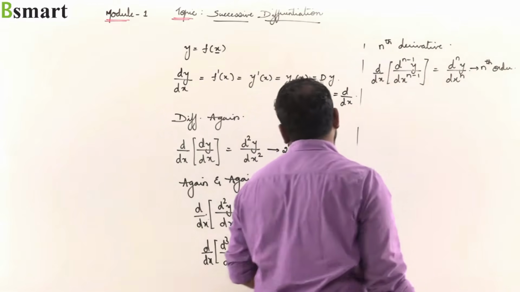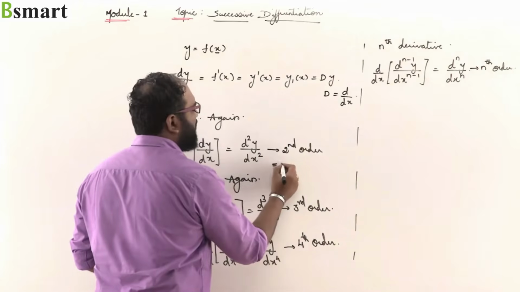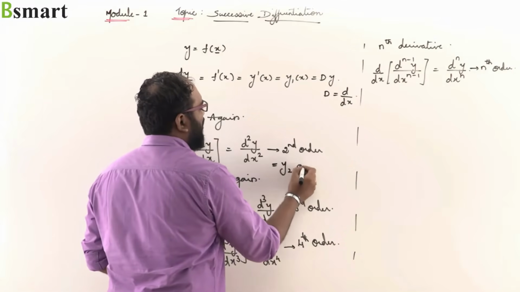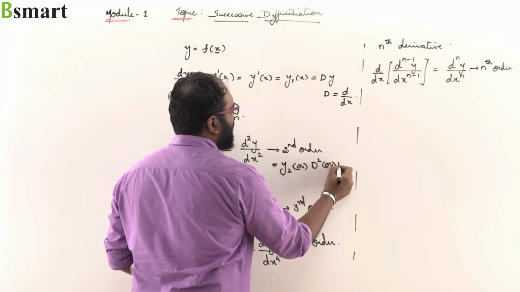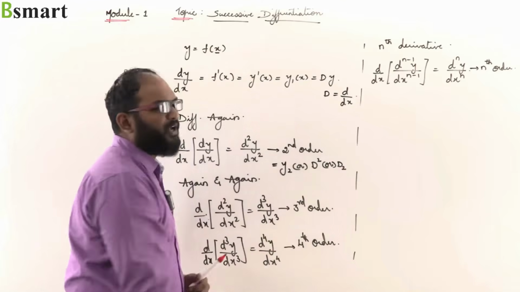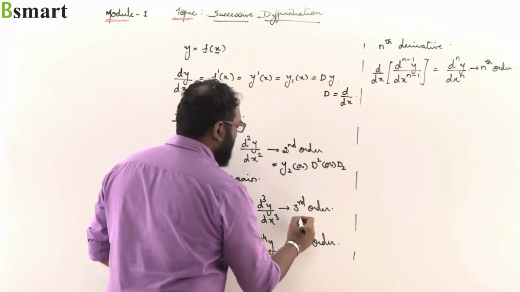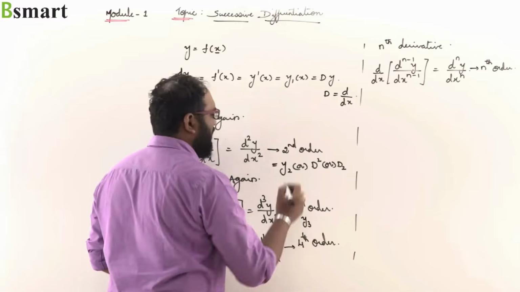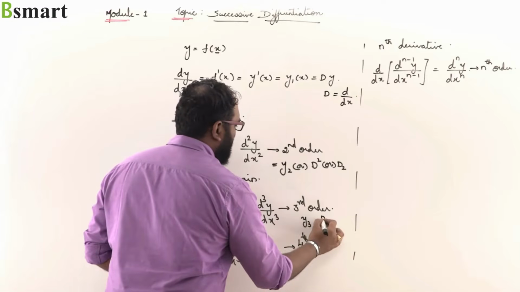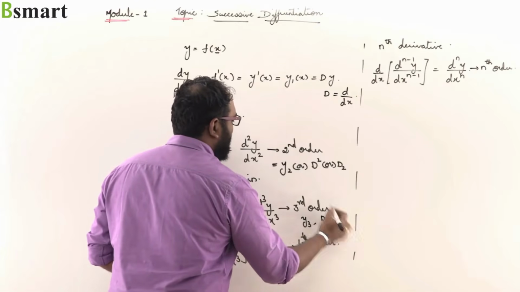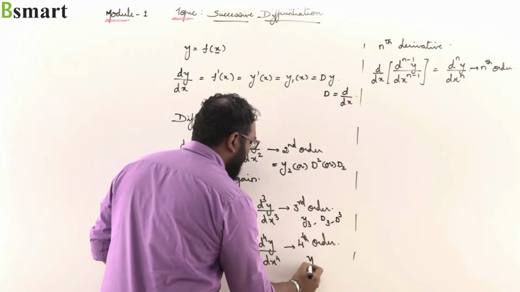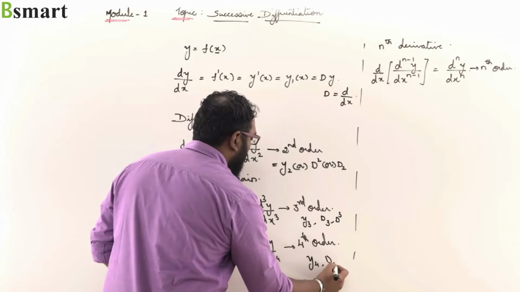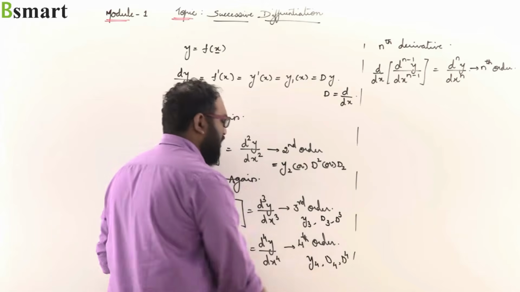We denote the second order derivative as y2 or d2 or d square. According to our convenience we can denote them. In the same way, the third order derivative is y3 or d3 or d to the power 3, the fourth order derivative is y4 or d4 or d to the power 4, and so on.